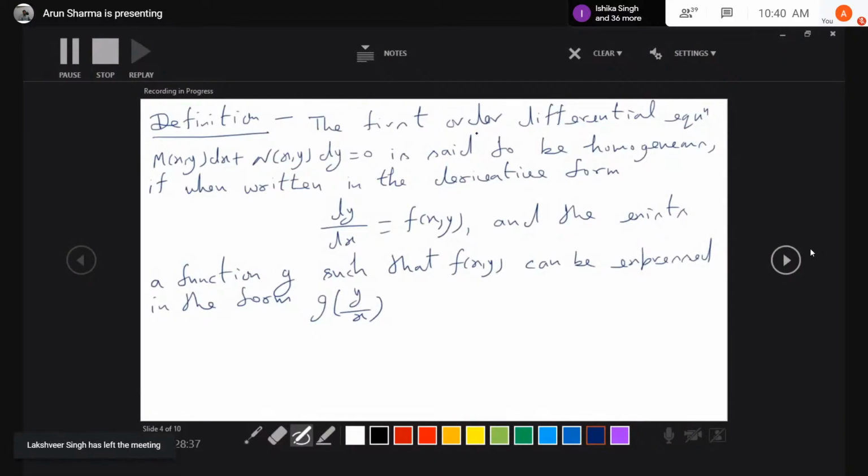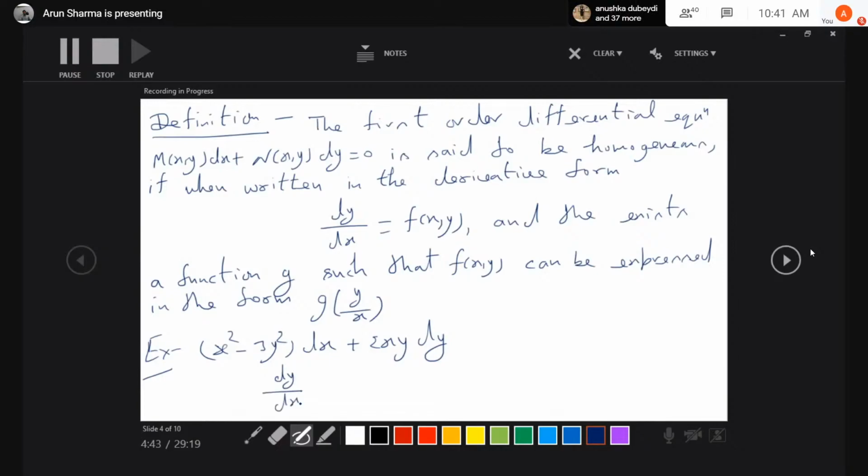So this is a first order differential equation. It is said to be a homogeneous differential equation if you write it in the derivative form, and if you convert f(x,y) into the form g(y upon x). Then it is said to be homogeneous. For example, if you have a differential equation like (x square minus 3y square) dx plus 2xy dy, first write it in derivative form.